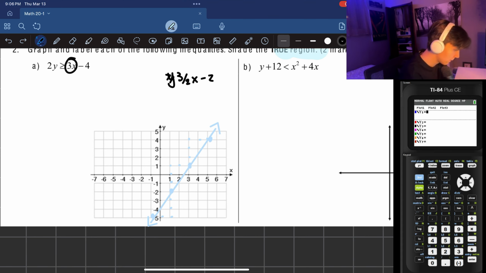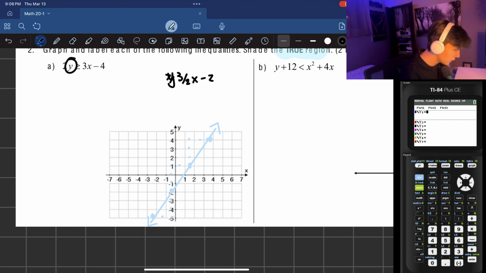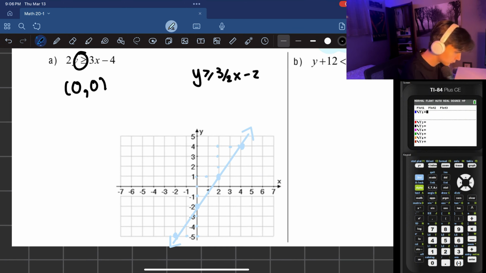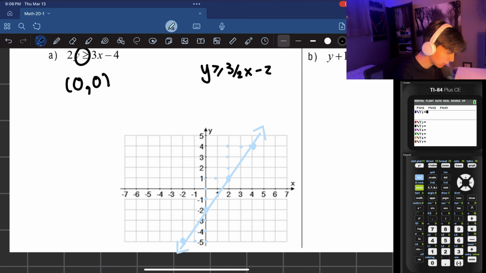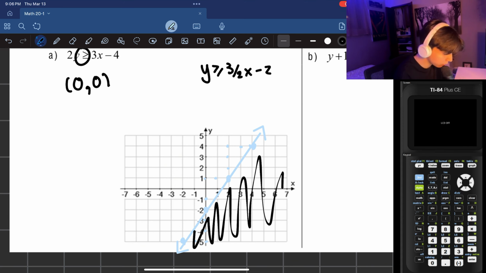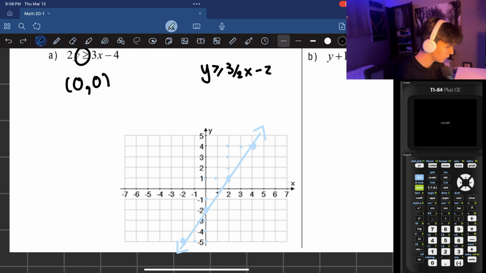I like to use the test point 0, 0. And if we have 0, 0, it's going to be above the line. So we're going to see if it's true or false. If it were true, then we're going to shade everything above this line here. If it were false, then we shade everything below the line. So let's just try this.